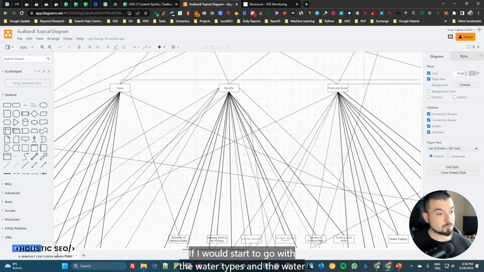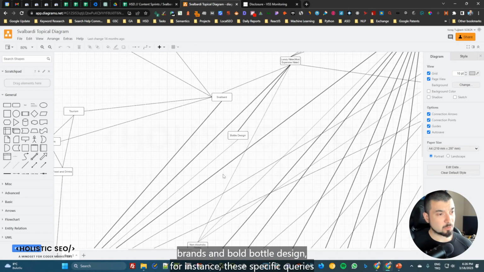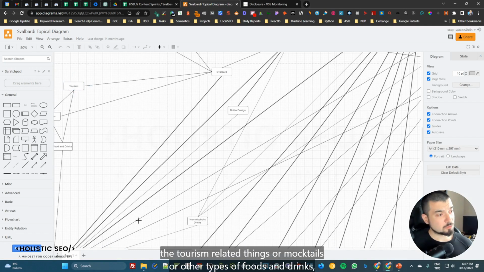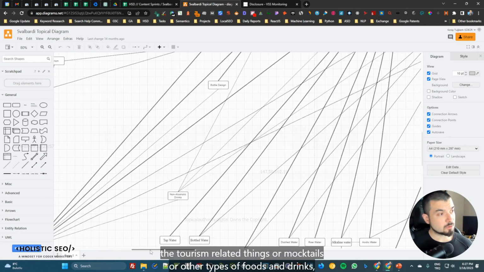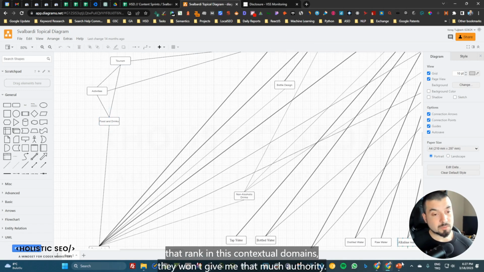If I were to go with the water types, the water brands, and bottle design, for instance, these specific queries or topics like tourism related things, mocktails, or other types of foods and drinks, even if I am able to outrank the web sources that rank in these contextual domains, they won't give me that much authority.